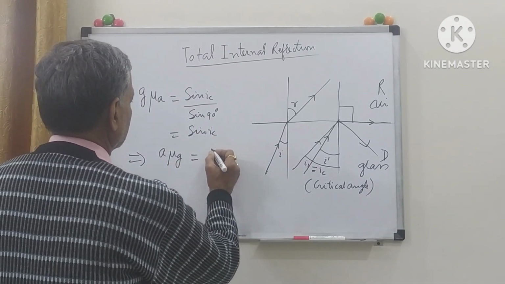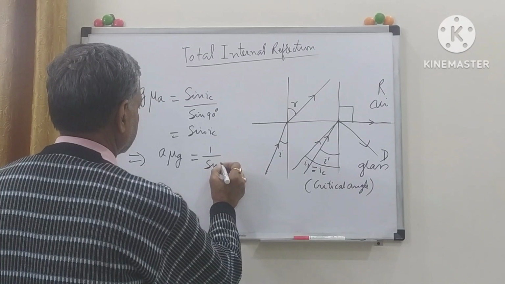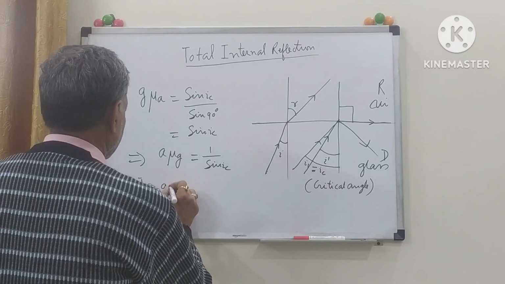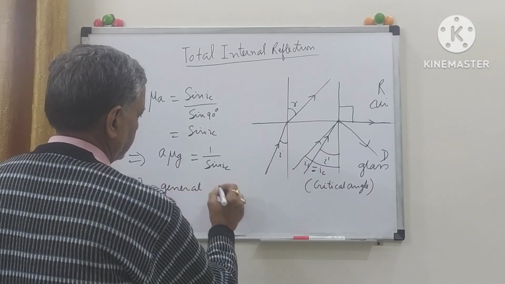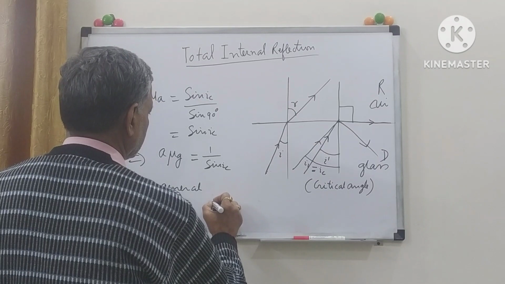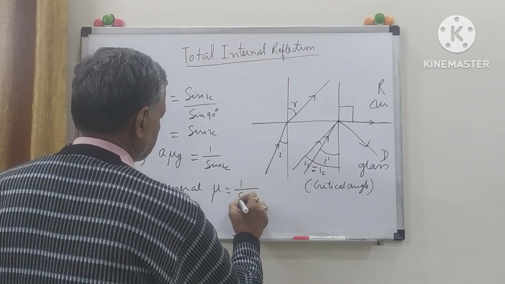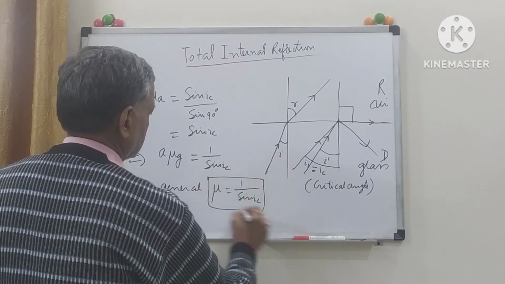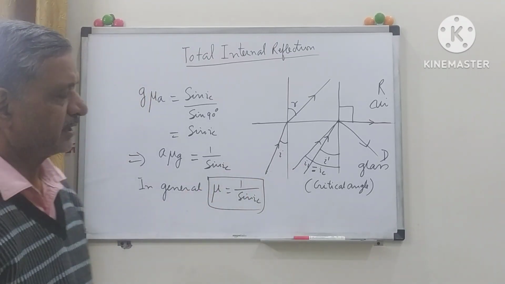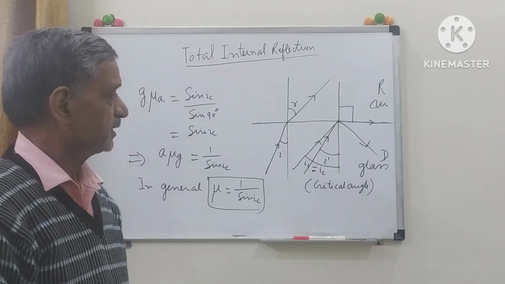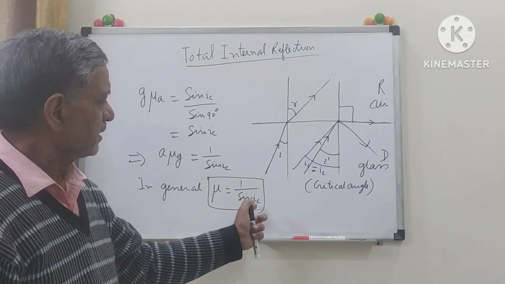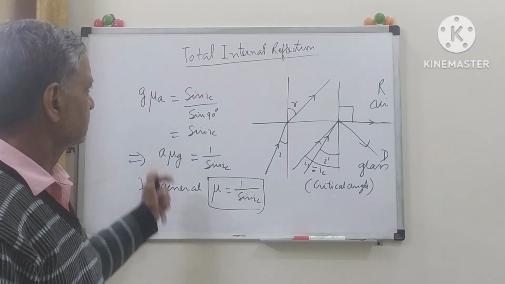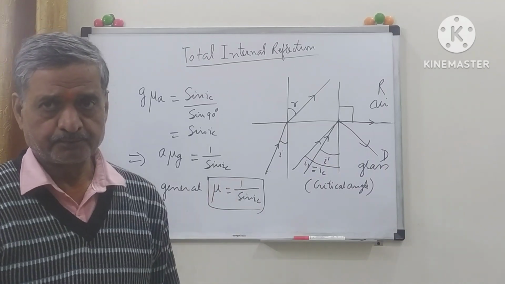So a mu g is equal to 1 upon sin of I C. In general, the refractive index of any medium, mu, with respect to air or vacuum, is equal to 1 upon sin of the critical angle. So this is the case of total internal reflection.